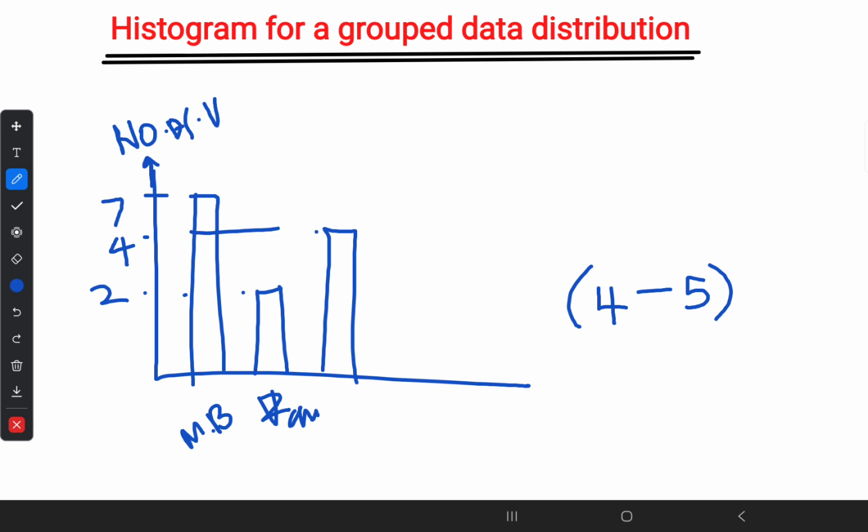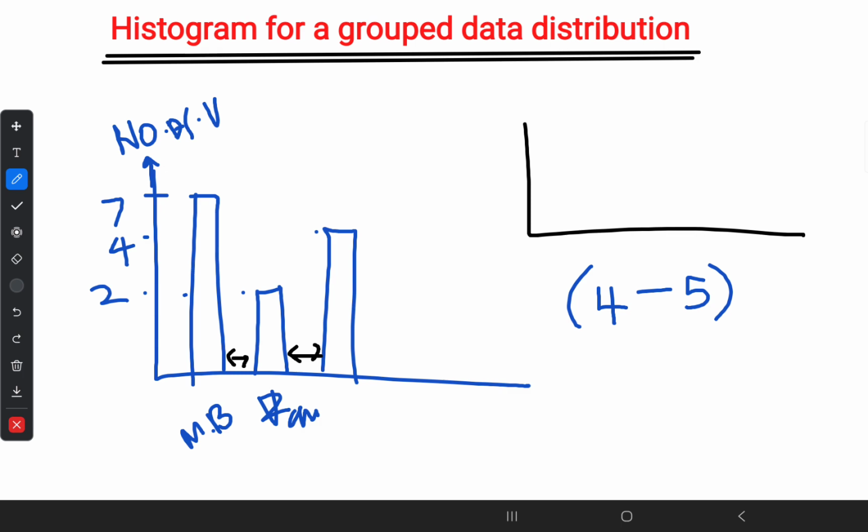Most students might misunderstand these two things, the histogram and the bar chart. In a bar chart, between the bars you will have a considerable amount of distance. By looking at that, we can interpret whether it is a bar chart or a histogram.